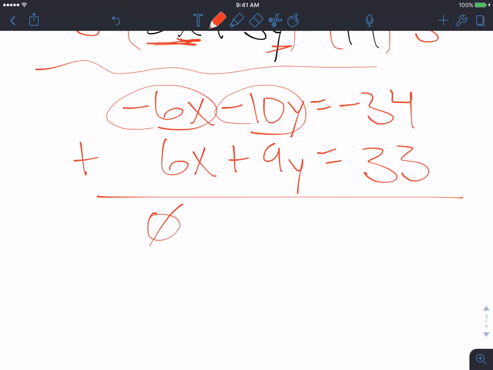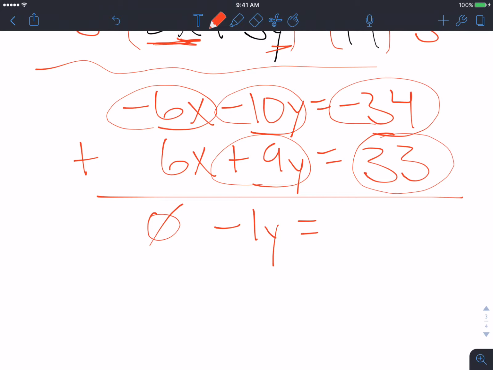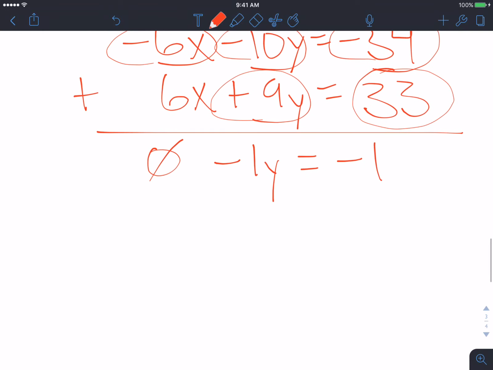Negative 10y plus 9y is negative 1y equals negative 34 plus 33 is negative 1. Pretty easy. Negative 1 divided by negative 1. Y equals positive 1, because a negative divided by a negative is a positive.